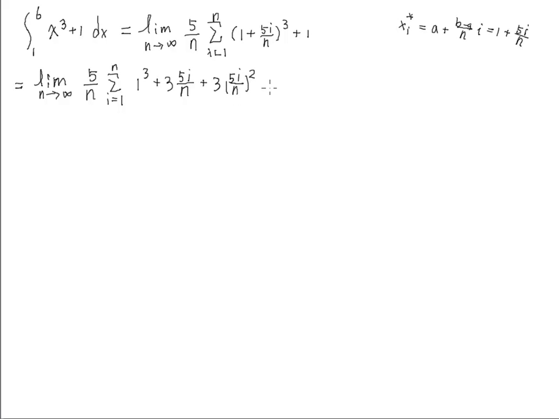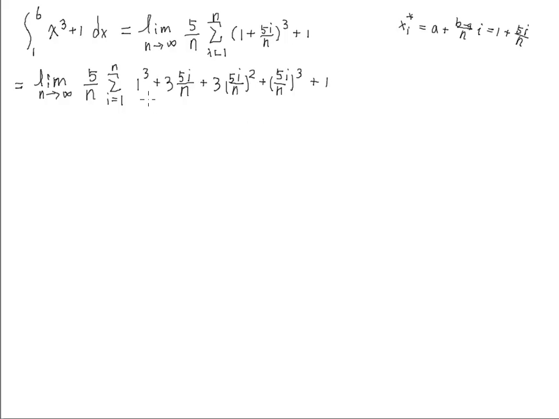And the last term, of course, is the cubic term, (5i over n) cubed. And still we have a 1 over here, right? That's the one we have.